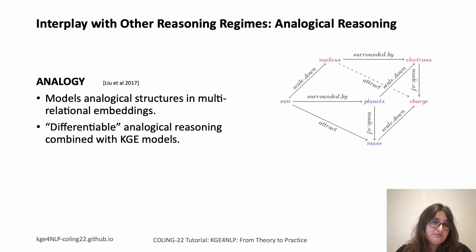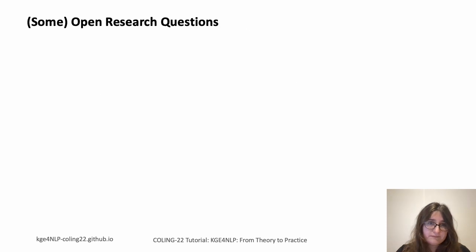And this is a differentiable analogical reasoning combined with knowledge graph embedding models, which is also interesting.